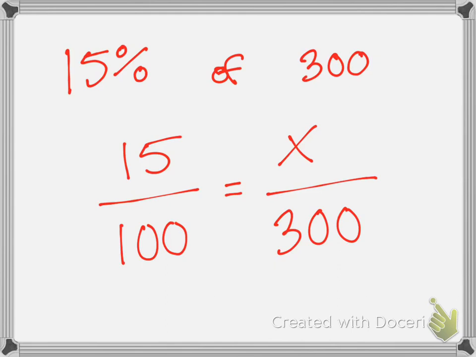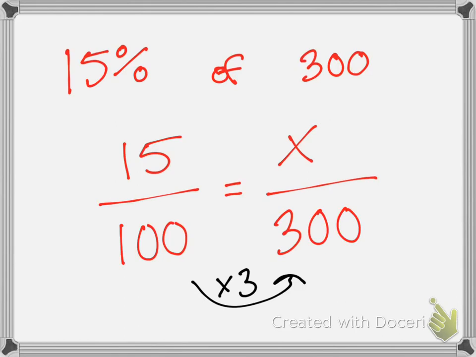When we're trying to find that, we're making equivalent fractions. So, how do we go from 100 to 300? How do we go, Rafi? Because 100 goes into 300 three times. Perfect. It would be times 3.